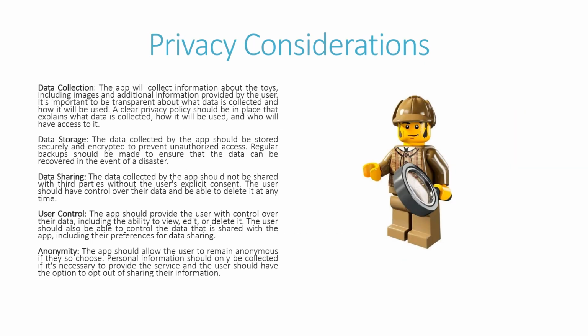Another important topic to bring to this presentation is the privacy considerations. It's important that the user knows what information he is providing us, how it's going to be used, how it's going to be transparent, and that it is going to be used for the purpose the app was created for.